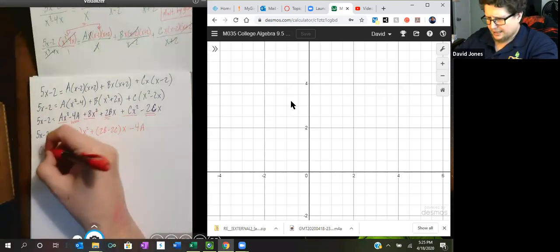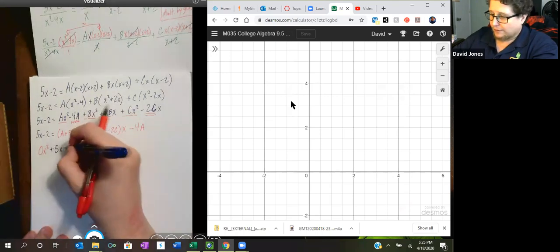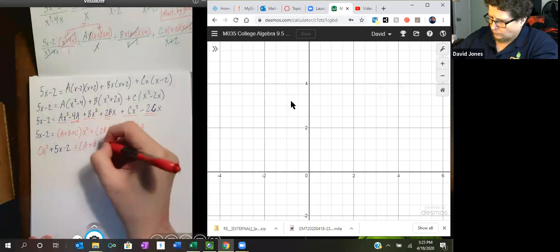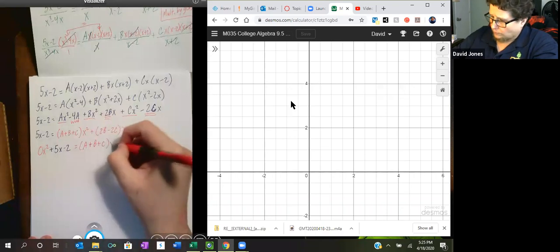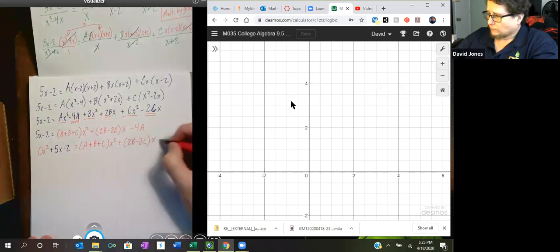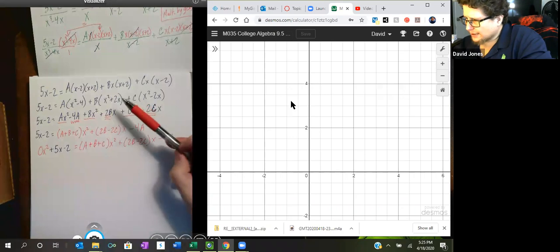I'm going to put in a 0x squared here because it's kind of important that you see where this is coming from. Just making sure I didn't make any mistakes.